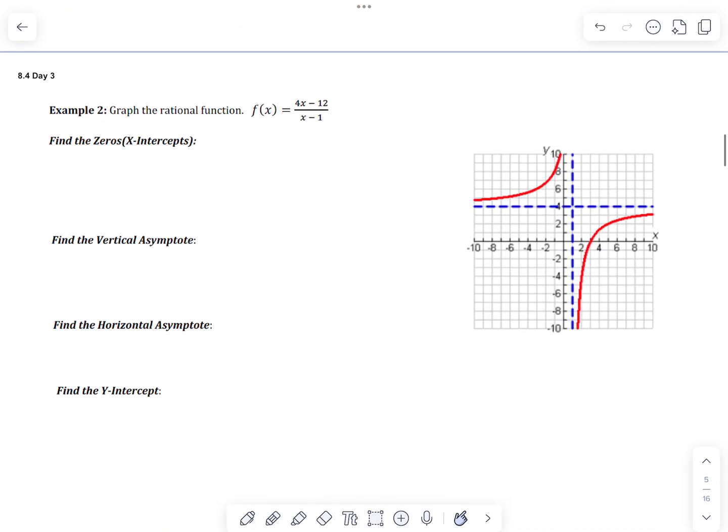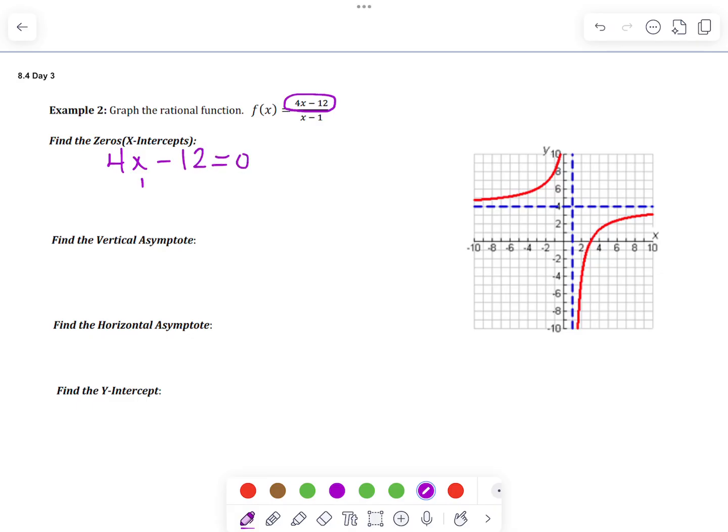All right, example 2. We start by finding the x-intercept. We set the numerator equal to 0, and we solve for x. So we can add 12 to both sides, and then divide both sides by 4.